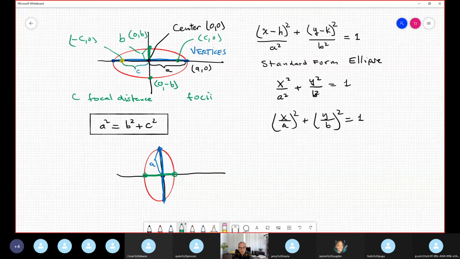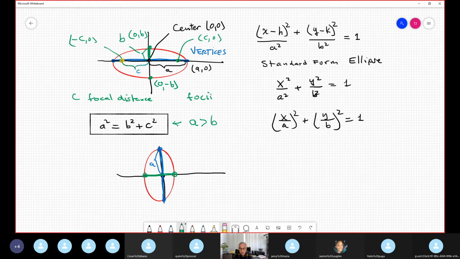And how do you recognize that our ellipse is vertical or horizontal? Well, I suppose always that a is the big one, look, in the formula you can see that a is greater than b, no? It's obvious, right?